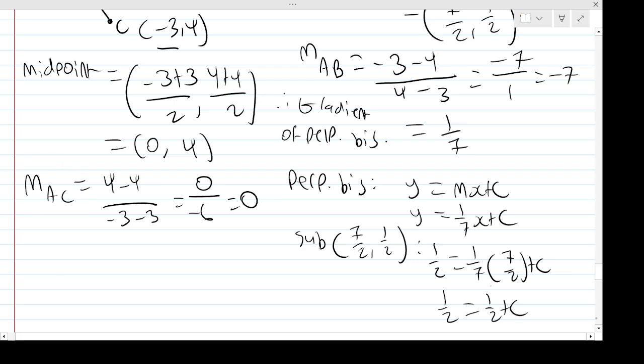If it's 0, it's a completely flat line. It's not going up at all. There's no steepness to it. Therefore, the bisector, if it's perpendicular, is going to be vertical, isn't it? So we would have to bear in mind it's a vertical line, essentially.